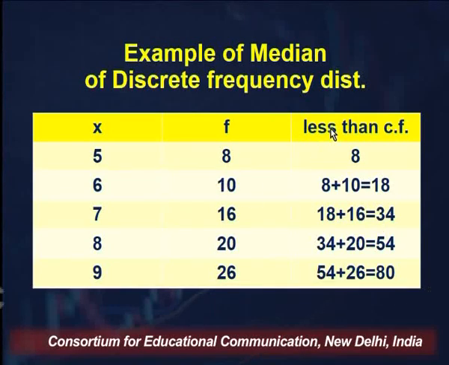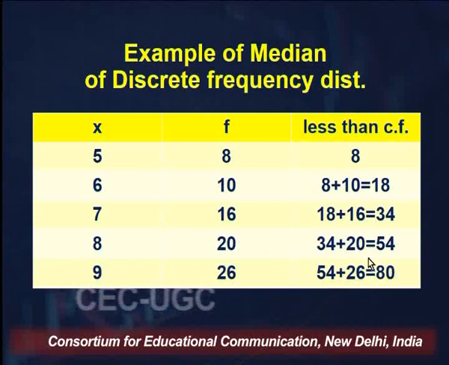So that is what this less than cumulative frequency gives. It gives 8 observations less than or equal to 5. 18 is the number of observations less than or equal to 6. 34 is the number of observations less than or equal to 7. 54 is the number of observations less than or equal to 8 and 80 is the number of observations less than or equal to 9. So below 9 all the observations are coming, right.